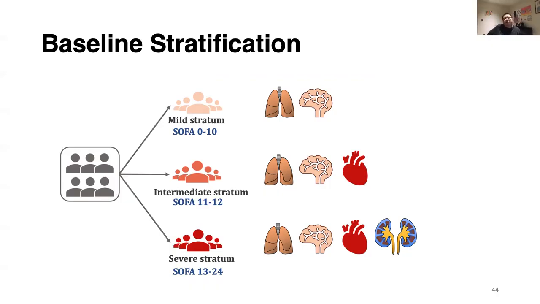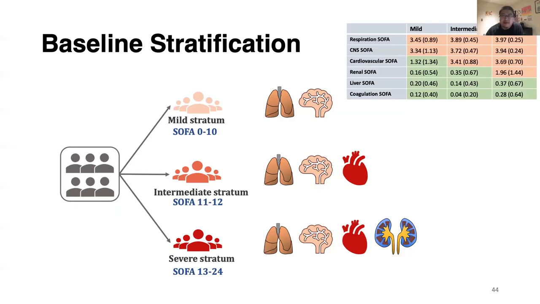In order to deal with such complexity, we first stratify the patients according to their baseline conditions, because when patients start intubation, they could be at very different stages, and this may lead to different progression patterns. So we first stratify those patients at the time of their intubation according to their baseline SOFA score, as mild, intermediate, and severe.